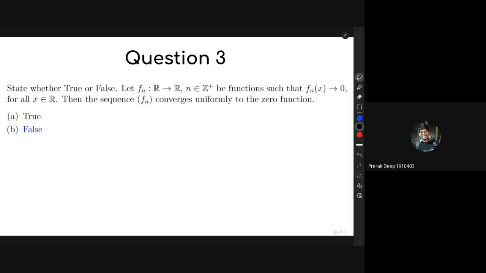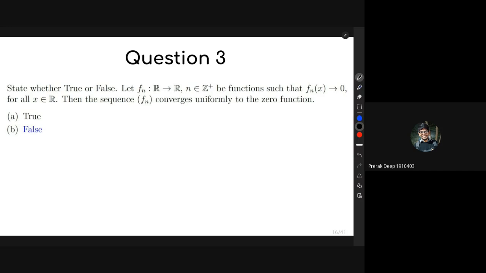That means pointwise convergence is given. Now it is asked whether this sequence of functions will converge uniformly to the zero function. Generally pointwise convergence will not imply uniform convergence, and this is an example for that.